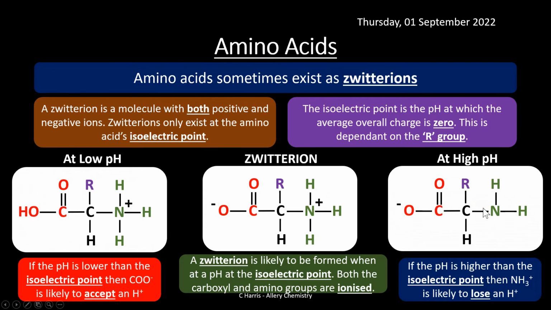These are likely to give up a proton, as you can see here, and form the NH2 group instead. So this is at the isoelectric point, your zwitterion, double ions. At low pH it's going to be this, at high pH it's going to be this. The isoelectric point can be different for different amino acids.